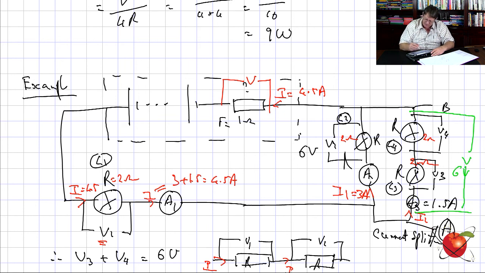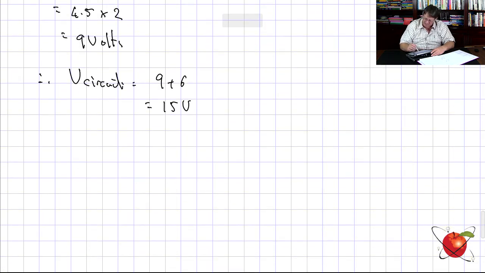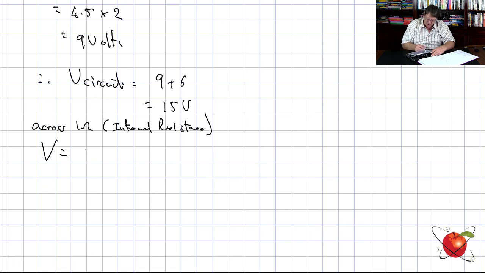The voltage across the 1 ohm, or what is called the internal resistance, is V equals IR, which is 4.5 times 1, which is 4.5 volts.